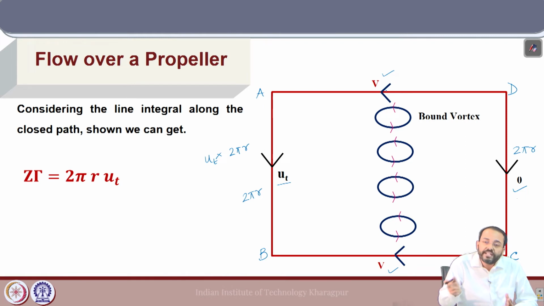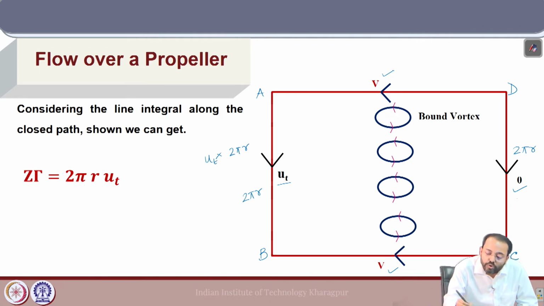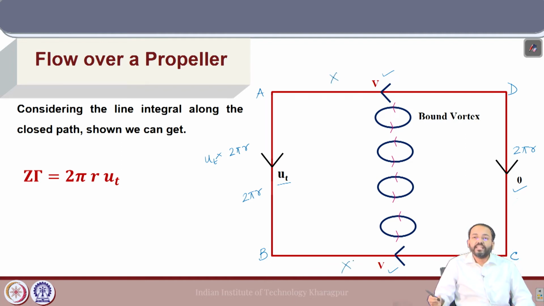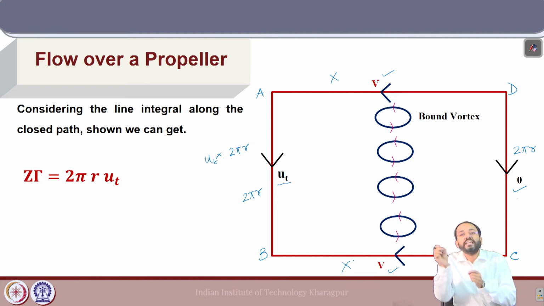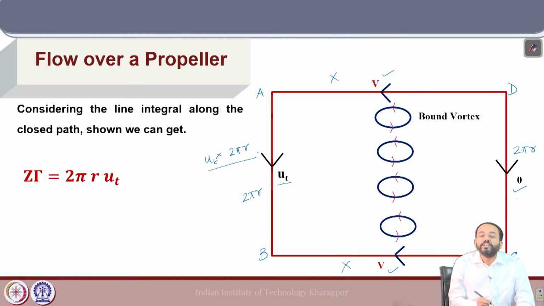So, when going from D to A, as we have seen earlier, the line integral will be in the opposite sense as the line integral from B to C. So, these two arms will cancel each other out if we do the line integral around the closed curve, because the velocity is the same and also the length is the same, but we integrate in the reverse direction. So, finally, the line integral value will be nothing but ut into 2 pi r.